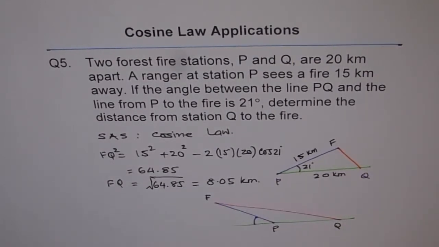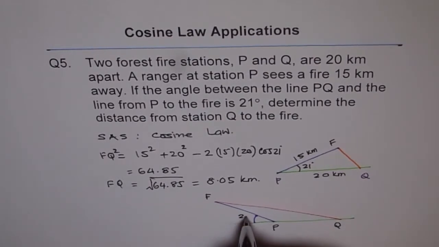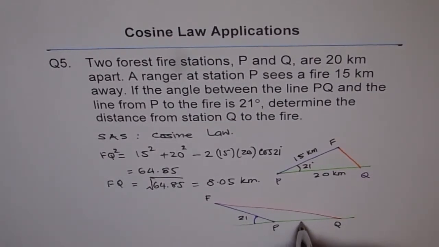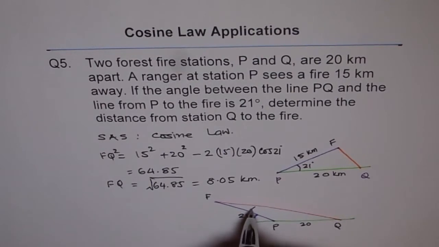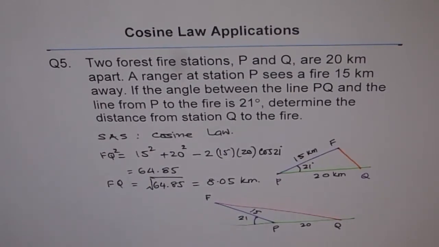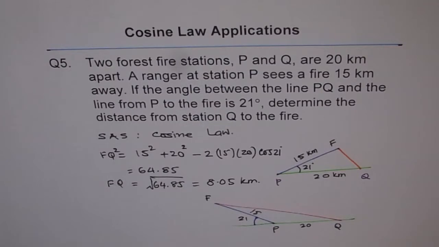Now I would like you to solve this triangle on your own. This distance is 20, and the fire is 15 kilometers from P. If that is the scenario, then what is the distance from station Q to the fire? So figure this out also.